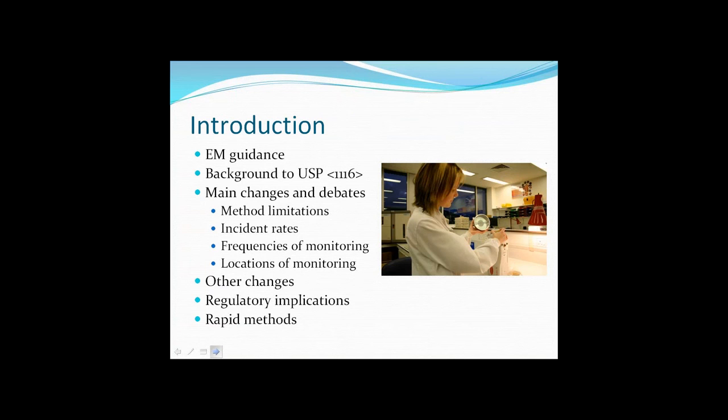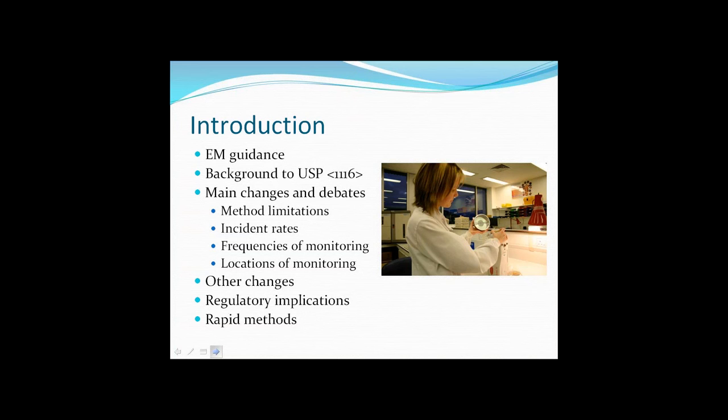So this presentation will have a look at some environmental monitoring guidance, particularly how the USP chapter should be seen in context, a little bit about the background to the USP 1116 chapter, how and why did it change, to touch on some of the main changes and potential debates, such as areas of method limitations, the move towards assessing environments through incident rates, questions about frequencies of monitoring, locations of monitoring.